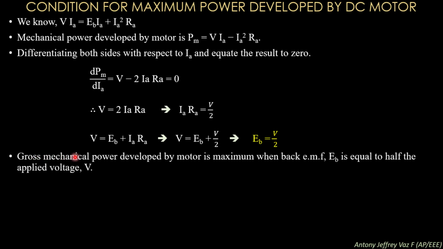The gross mechanical power developed by a motor is maximum when back EMF Eb is equivalent to half the applied voltage V. At this condition you will get the maximum power delivered by the motor.